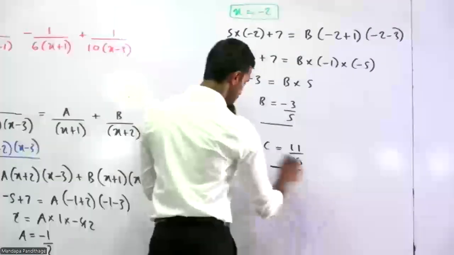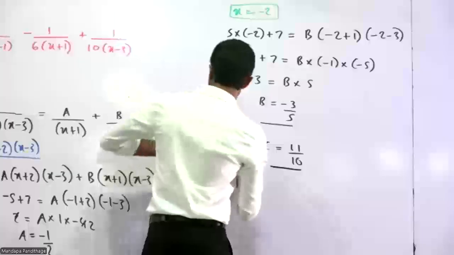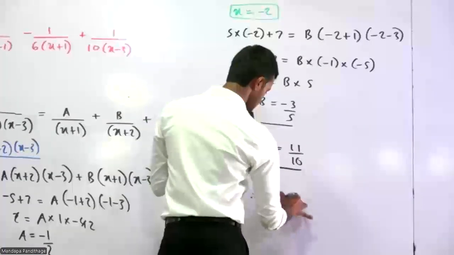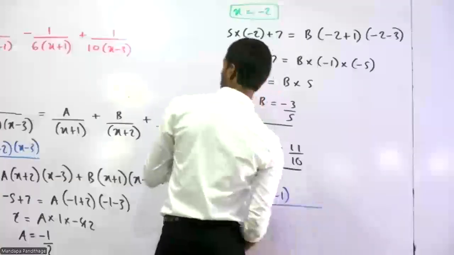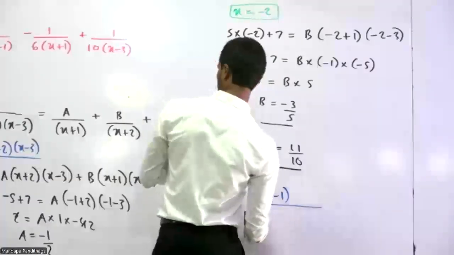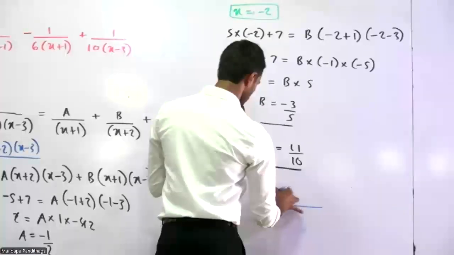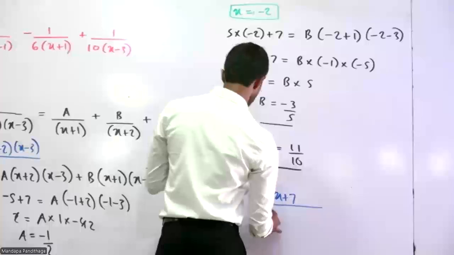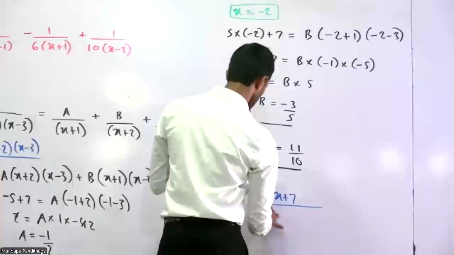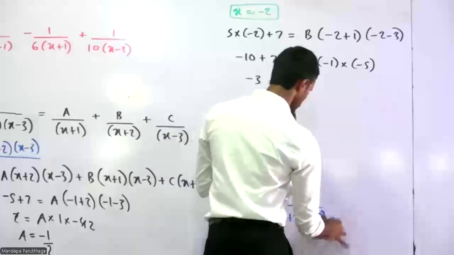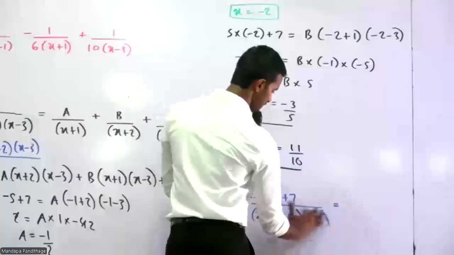So you can write the final answer. What are your partial fractions? (5x plus 7) divided by (x plus 1)(x plus 2)(x minus 3). Now I can directly write the answer.